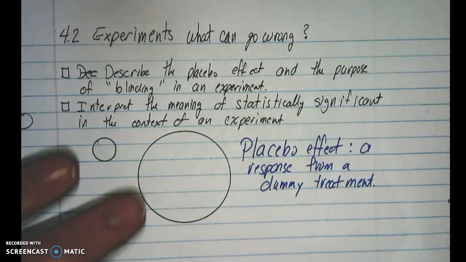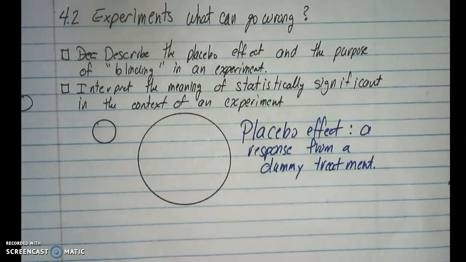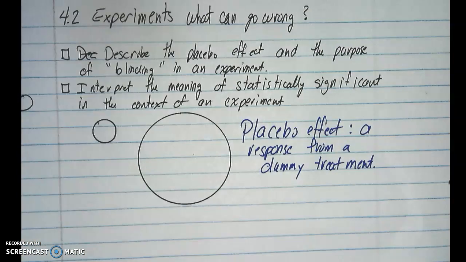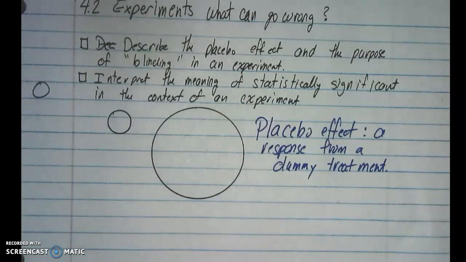Anyway, a great example of this is an experiment done, I think in Japan. It's one of the examples in the book. The two arms were given different leaves. One leaf was poison ivy, and the other one was just a normal leaf.